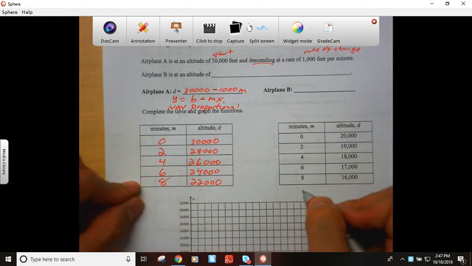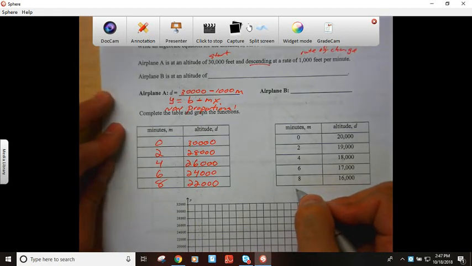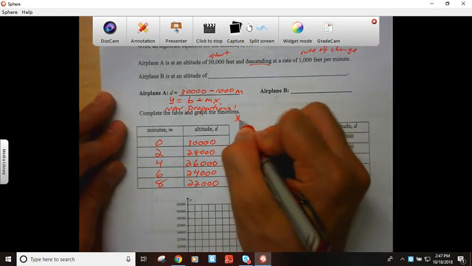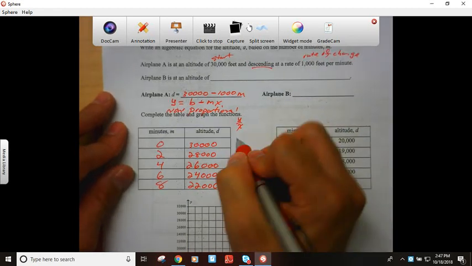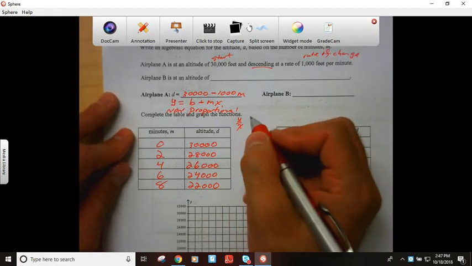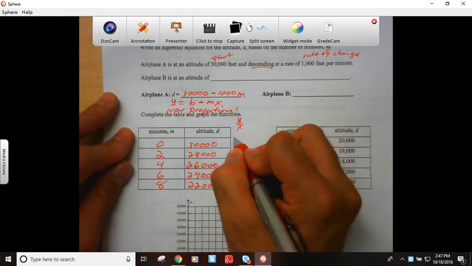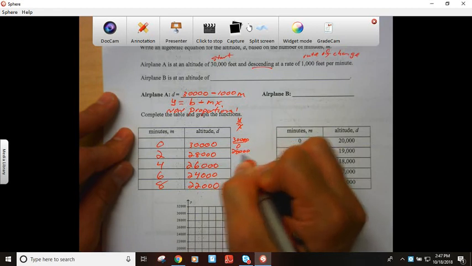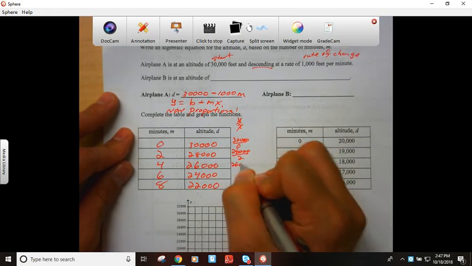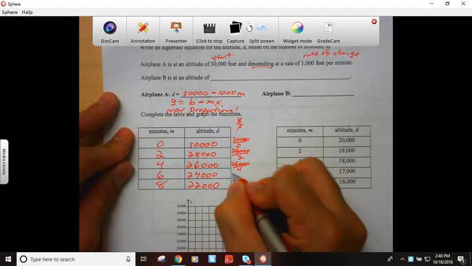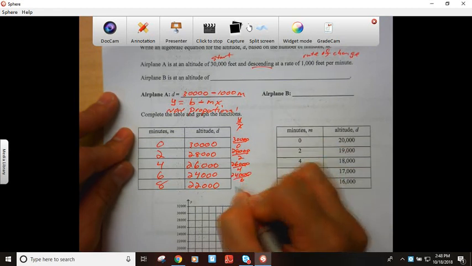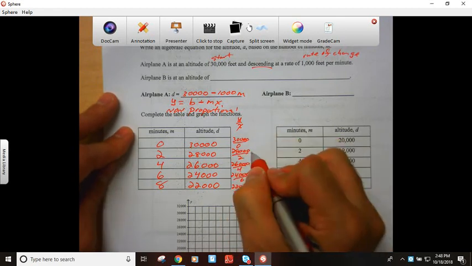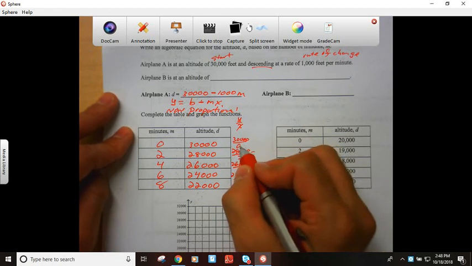So if I want to know if it's proportional or not, I'm going to set up my y over x. So this is my ratio. Remember, it is not your slope. So I'm going to have 30,000 over 0, 28,000 over 2, 26,000 over 4, 24,000 over 6, and 22,000 over 8. So we're going to reduce these. When I look at the first one, I'm going to skip it because I cannot divide by 0. It's undefined, remember.